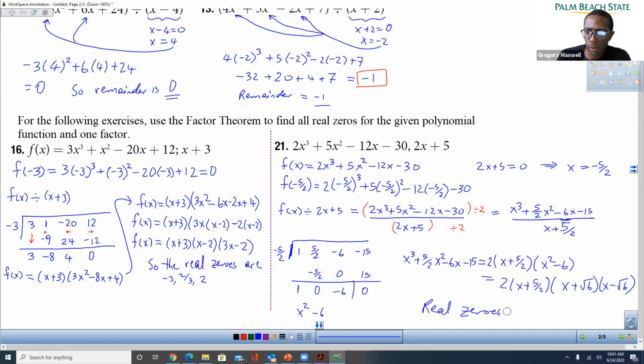What are my real zeros? Anybody? Negative radical 6, that's correct. Radical 6, negative 5 over 2, that's correct.